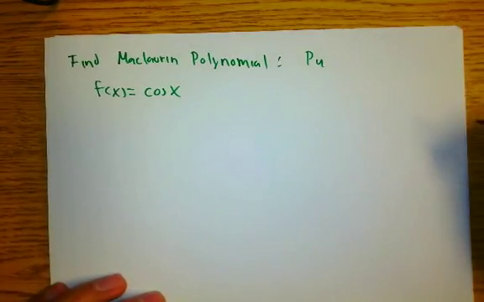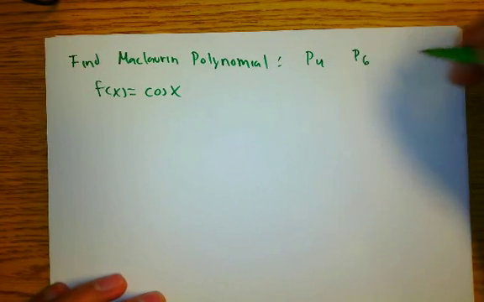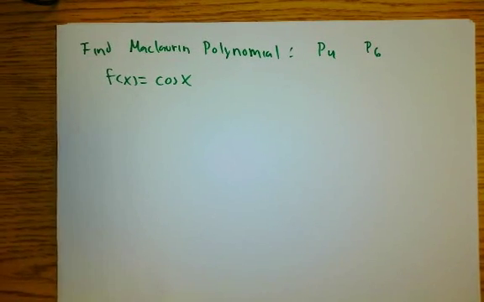Obviously, which one's going to give you a better approximation? The 6th one, right? So let's try both of those. When you are done, I want you to use it to approximate f of 0.1.